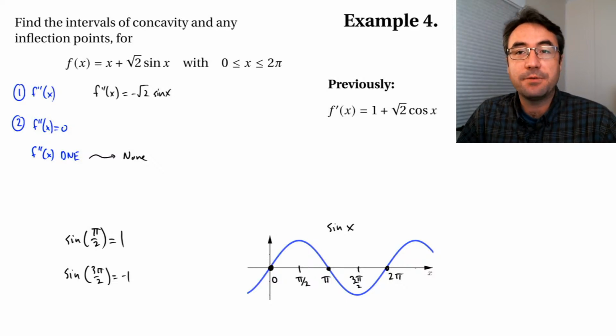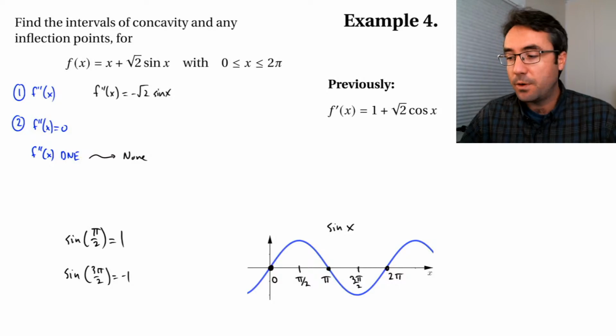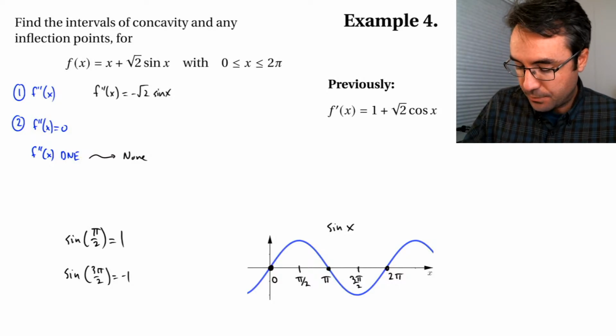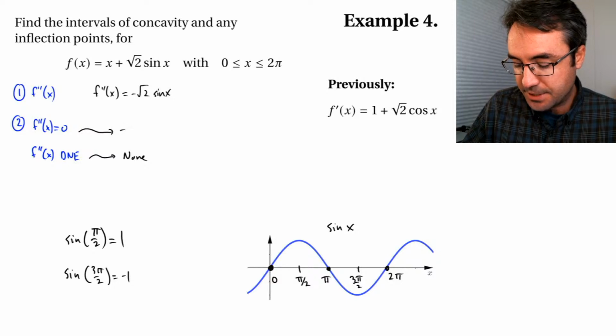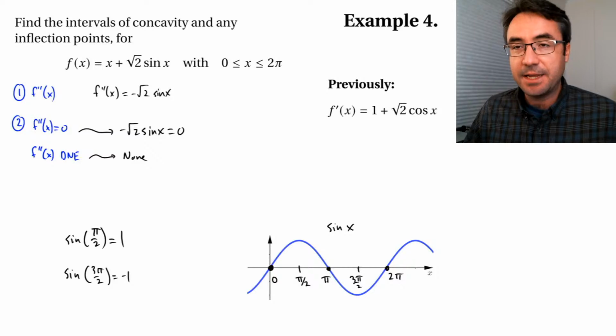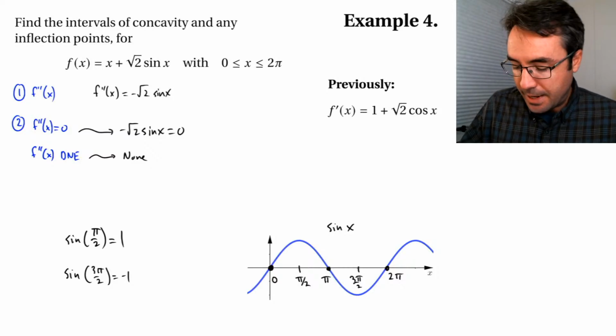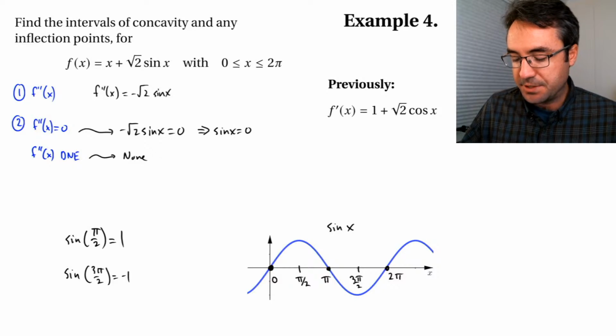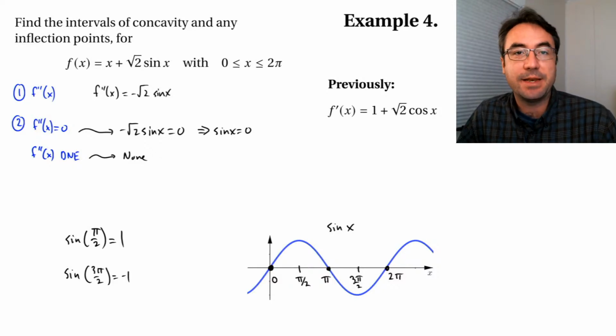And so if we're trying to figure out where the second derivative is equal to 0, we take negative square root 2 times sine x, set that equal to 0, and it comes down to figuring out where sine of x is equal to 0. Divide both sides by negative square root 2.